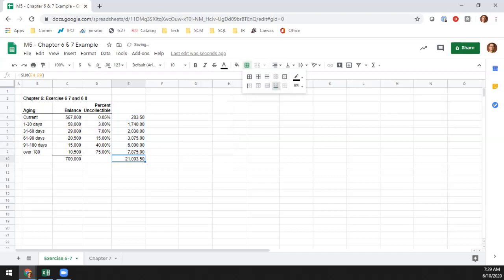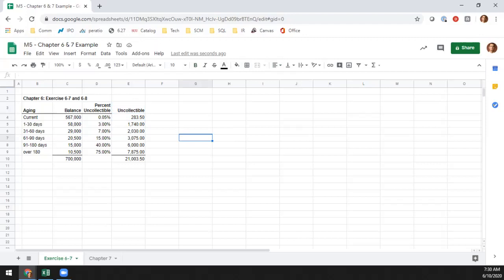So this is our allowance for doubtful accounts or uncollectible. Okay, so this is problem 6-7.